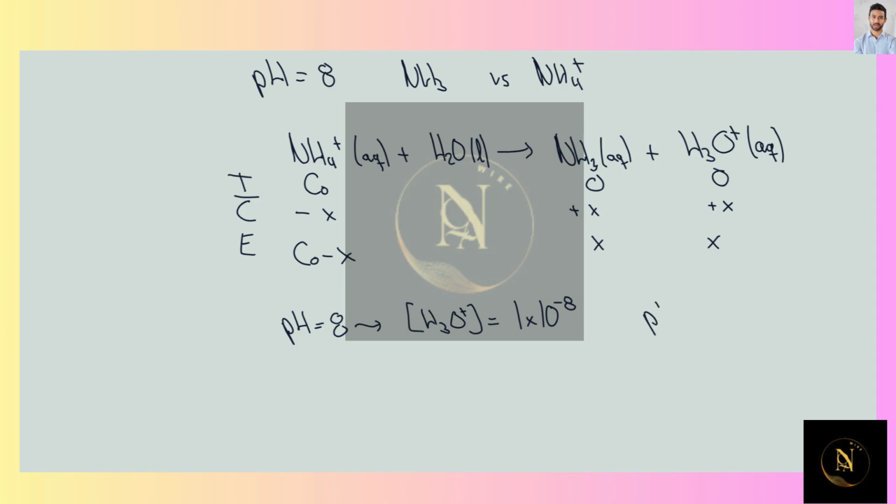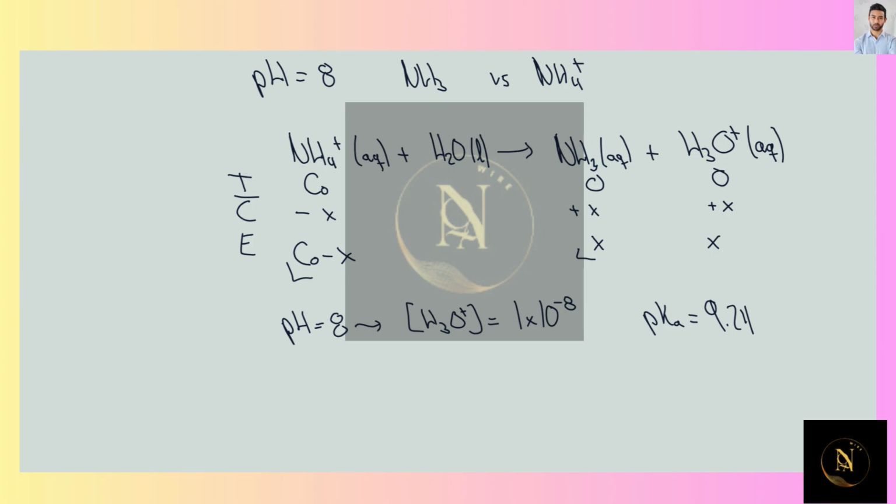Furthermore, we know that the value for pKa is equal to 9.24, so in the case that we were not given the value for x and we were given only the initial concentration of the NH4 plus ion, we would be able to know how much we would have left.